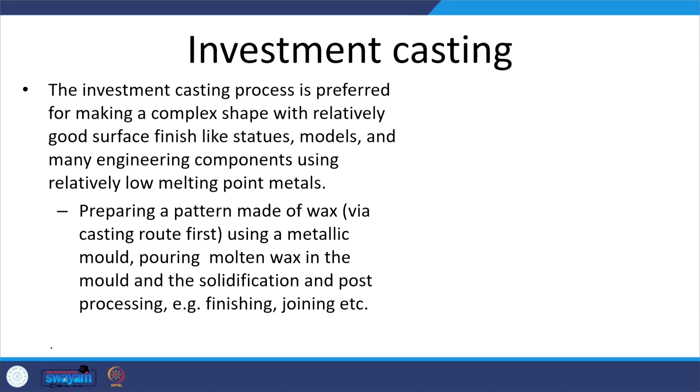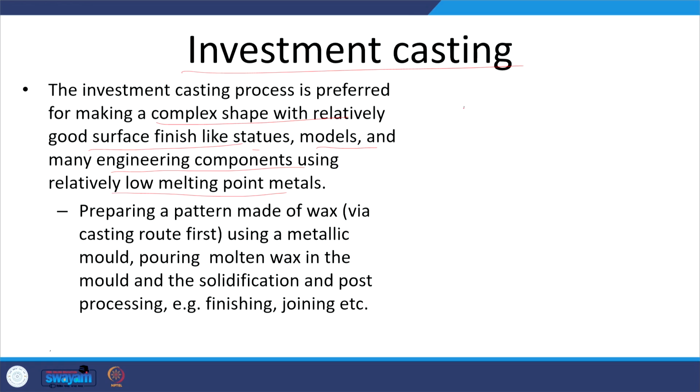Now we will see investment casting. This process is preferred for making complex shaped products with relatively good surface finish, like statues, models, and many engineering components, using relatively low melting point material.